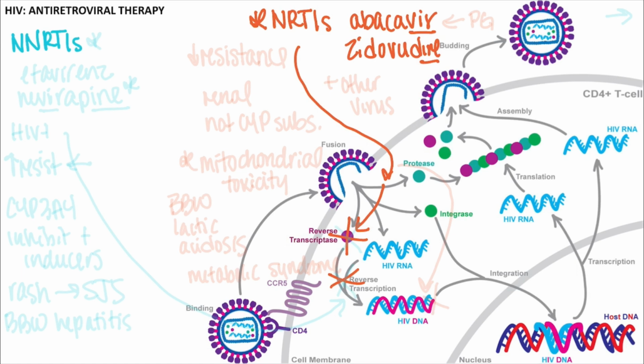And this is through both competitive inhibition of native nucleotides, but these agents can also be incorporated and lead to the termination of the elongating proviral DNA, because these agents are all lacking the structure that is needed to allow for the addition of the next nucleotides to the growing strand. So these agents work for both HIV 1 and 2, as well as some other viruses.